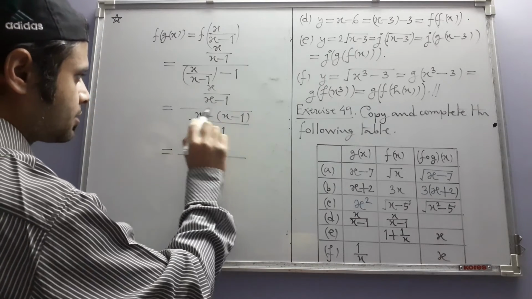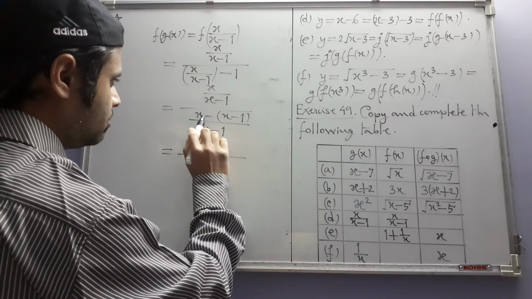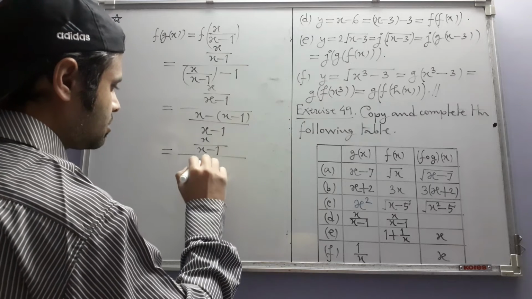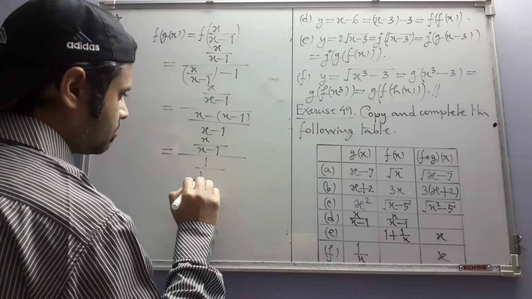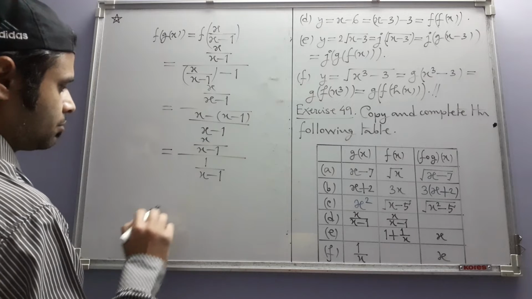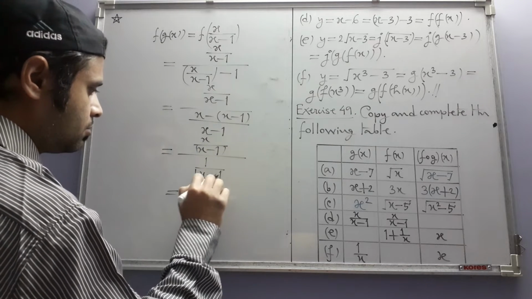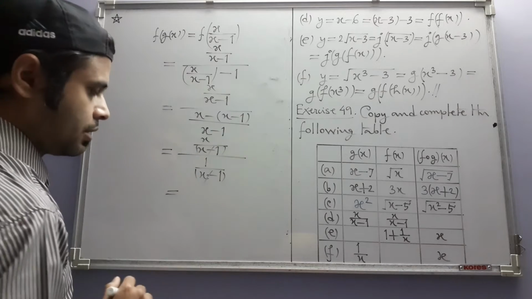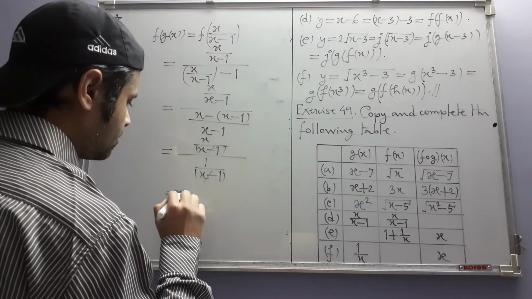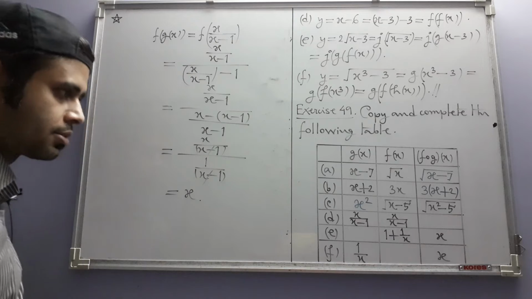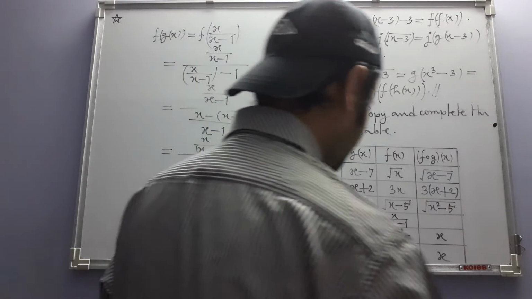Minus 1, x minus x, they will give us 0, minus of minus 1 is plus 1. So after simplification, these two things get cancelled and we have x. So that means we have x here.